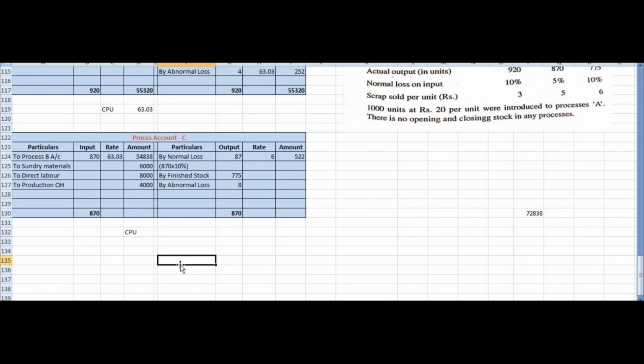Is it correct, everyone? Write it here now: 0.36 into 8, do it around.